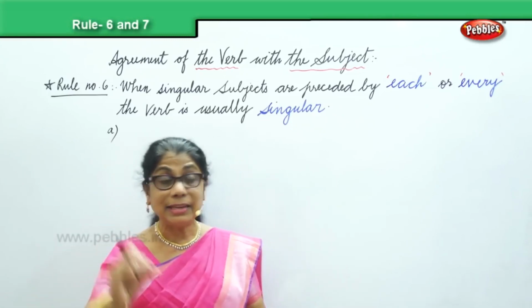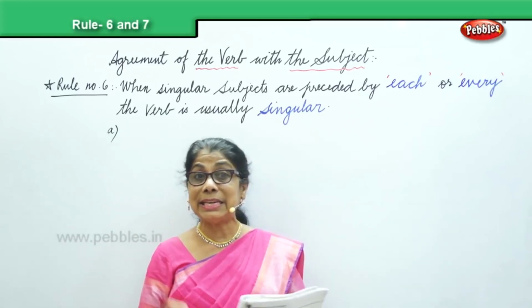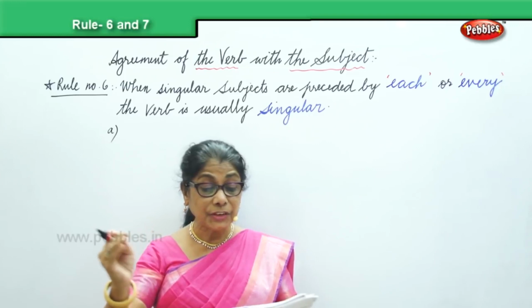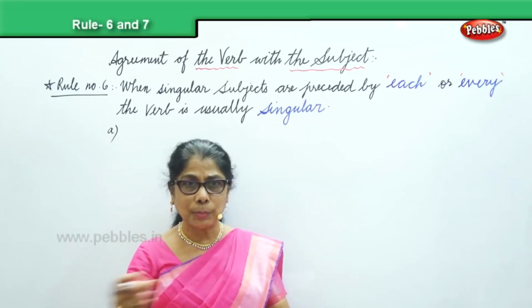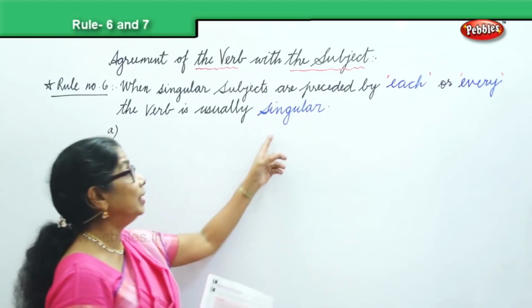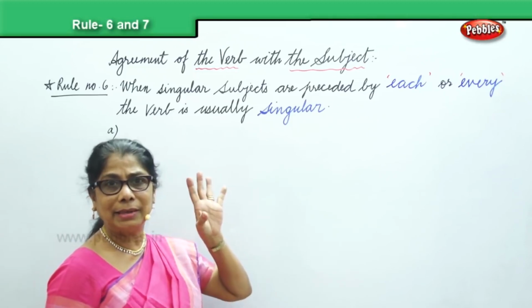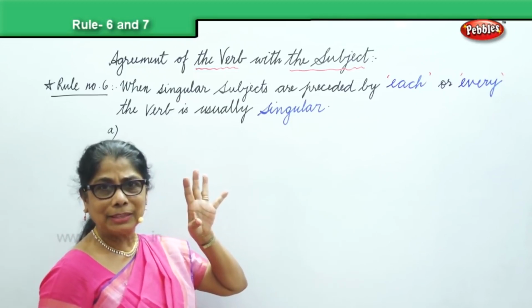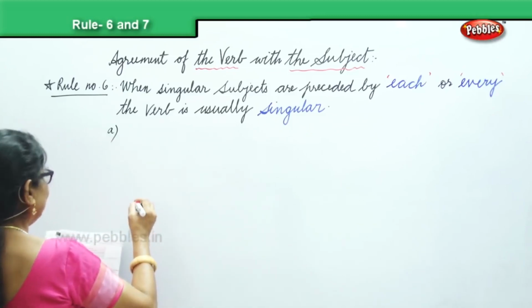The word each is used. Each of the boys, then the verb is singular, is intelligent. That means every single boy is intelligent.